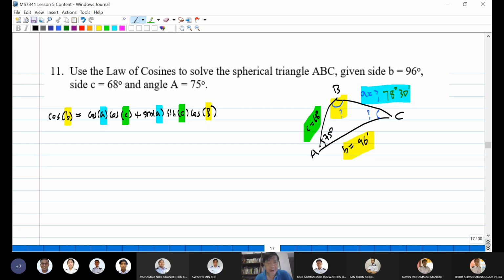So you fill in the number. But before you fill in the number, let's arrange it first, because you know cosine B. What you want is this one that you don't know.